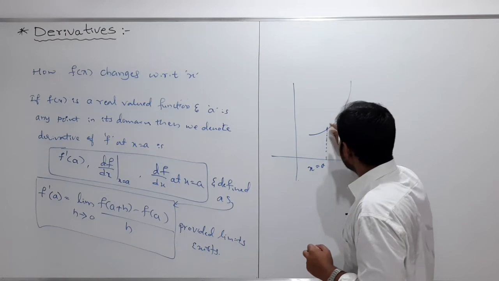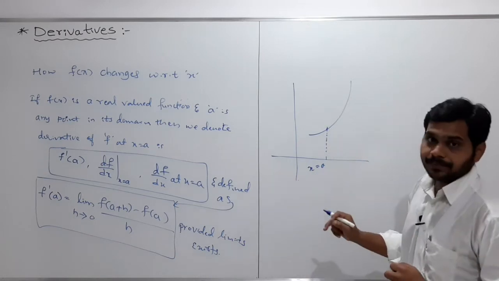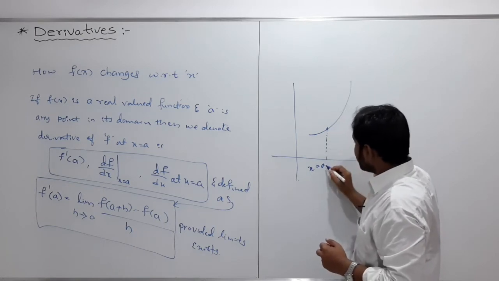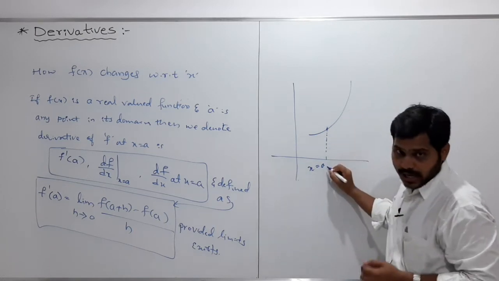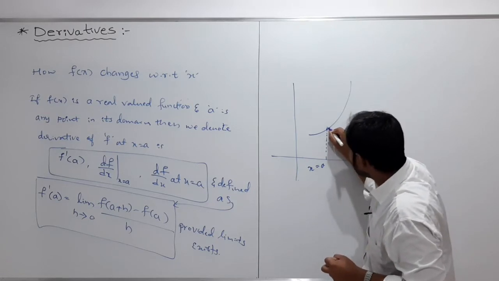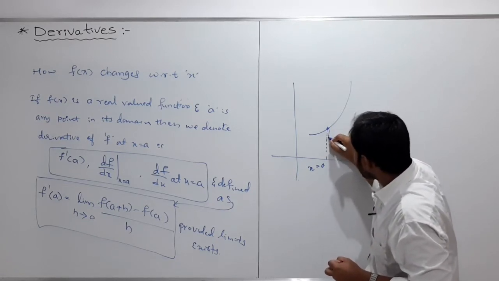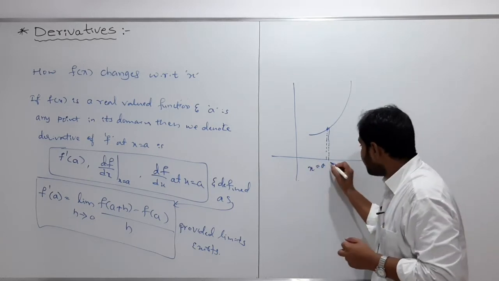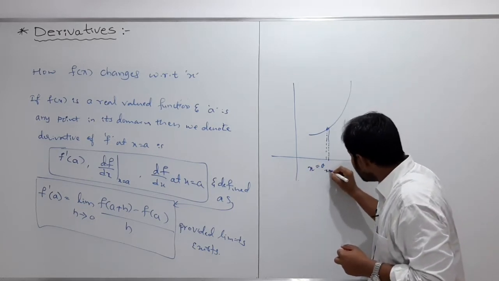So I am taking one point, x is equal to a. Next I'll take another point very close to a, a very small quantity away. This point I will take as x1.